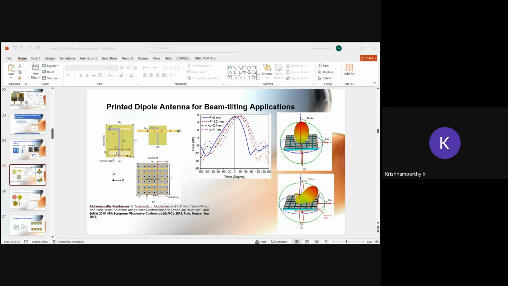Then we can replace the metallic conductor with AMC structures, and the antenna characteristics will improve. So it is based on the application and the characteristics of the metamaterial unit cell structure that we can decide whether to keep it as a superstrate, along the antenna plane, or below the antenna. All the placements we can decide.